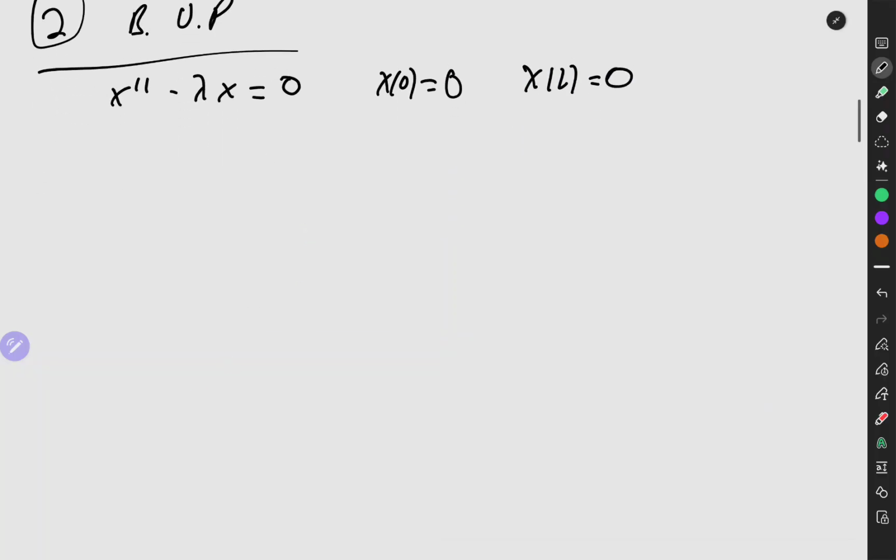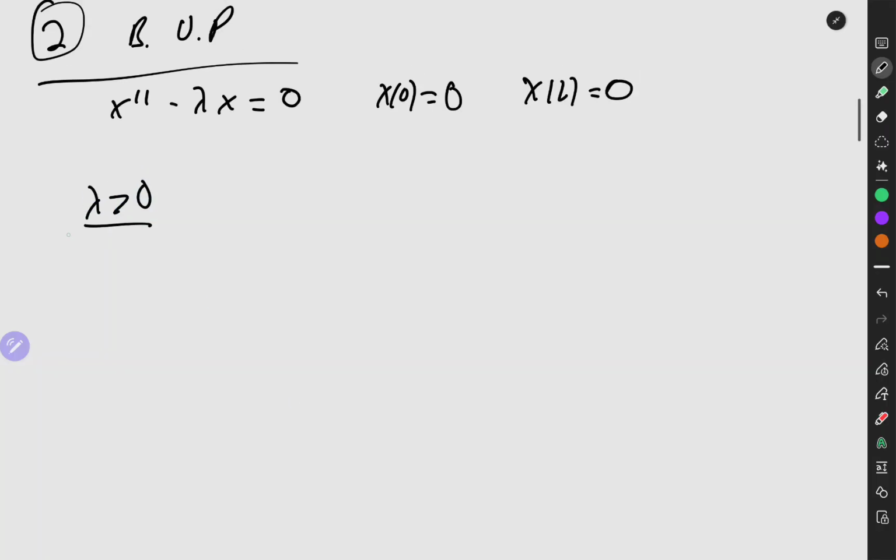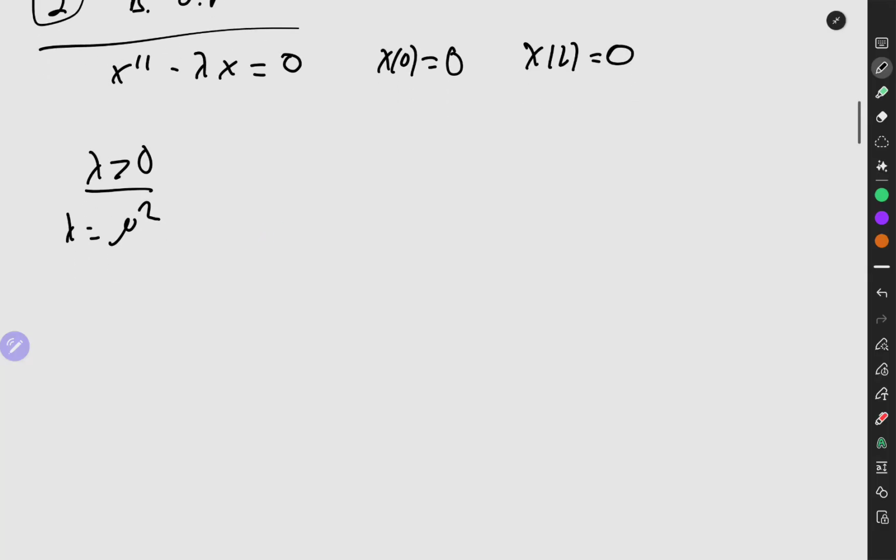Okay, perfect. Let's start with lambda greater than 0. Yeah, lambda would have to be some mu squared. That makes it positive. Move that over, solve the characteristic equation. Write the general solution.